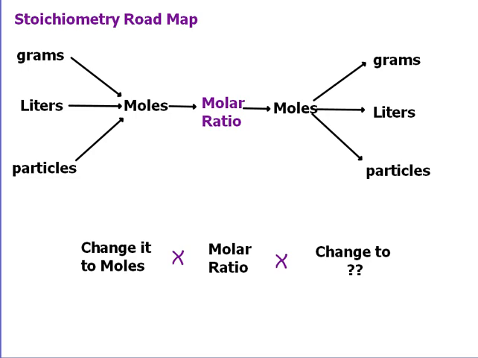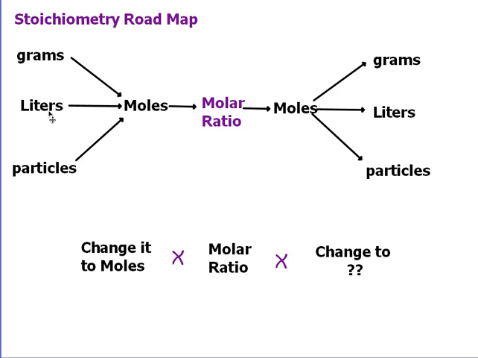These stoichiometry problems can get kind of messy, kind of big. So I thought maybe I would give you a glimpse of what the process is. I call this my stoichiometry roadmap. As you can see over here, I have some starting points in the process. We may start with grams. That's going to be the first thing we start with because we want to be able to do mass-to-mass problems.